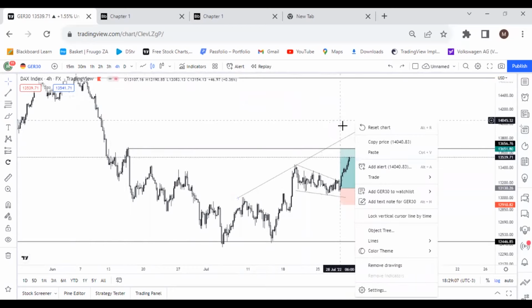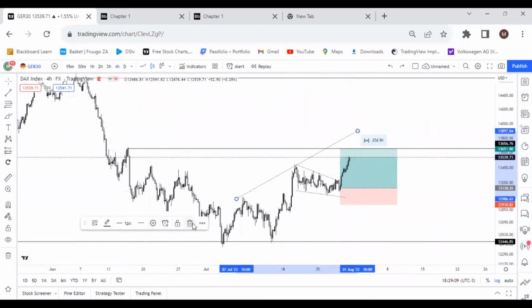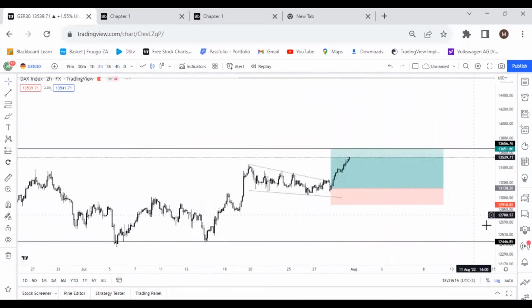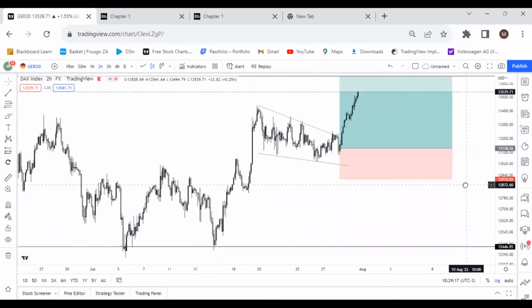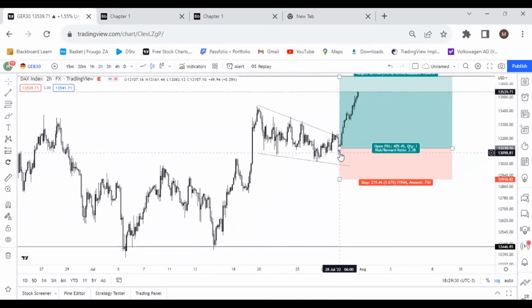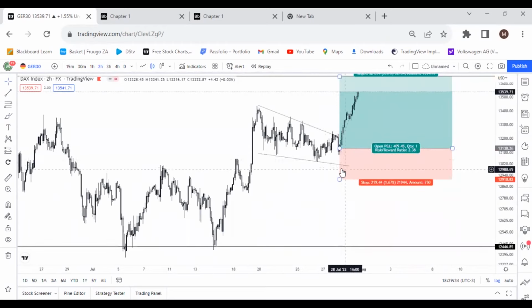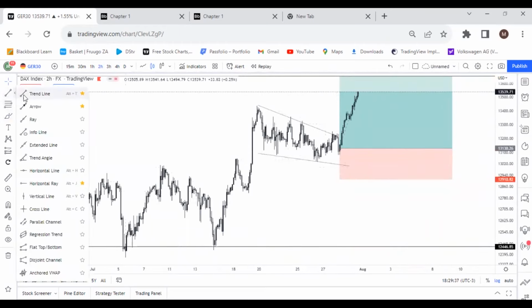But so far we had our bullish setup right there, where it was just a nice bullish flag, which was relatively flat. As you can see, we had this as our first touch on the support, this is the second one, and this, even though it didn't touch the trend line, we still count this as the third touch.